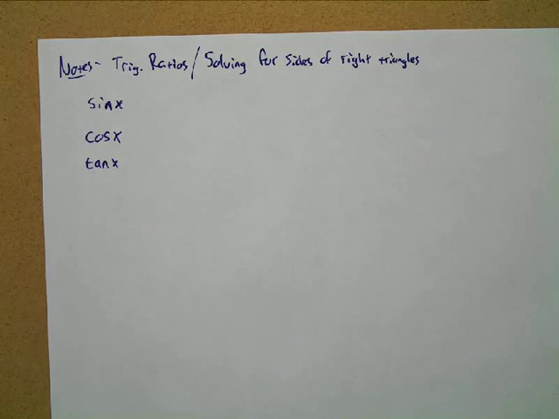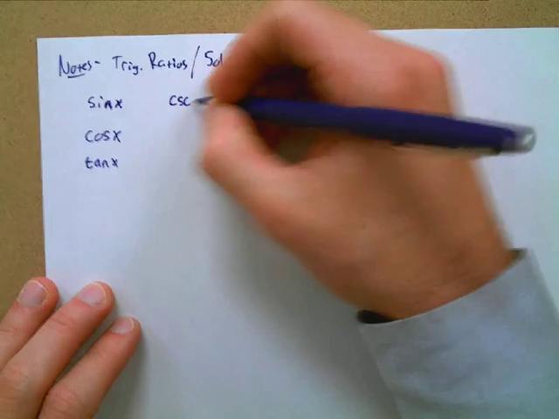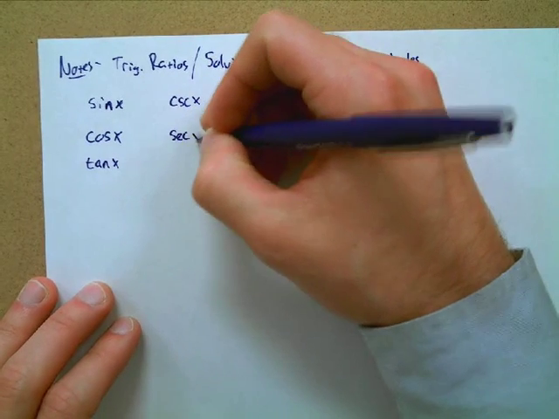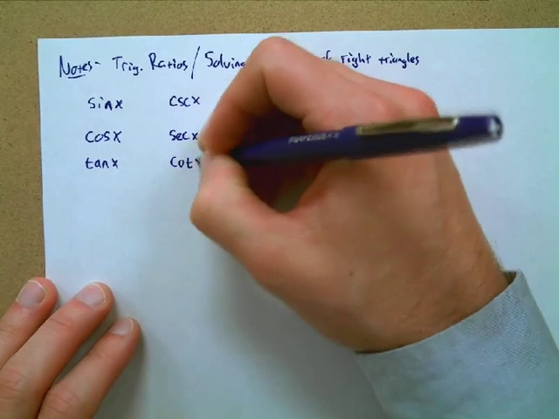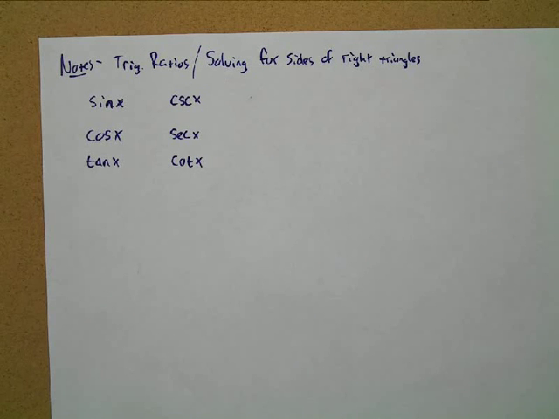And then, of course, we have cosecant, secant, and then cotangent. Those are our 6 trig ratios, and we're going to be using those.